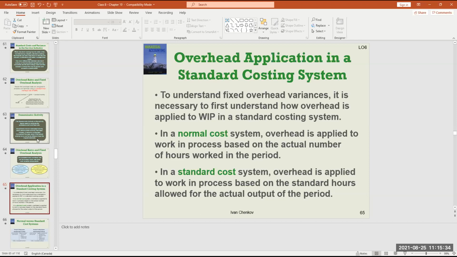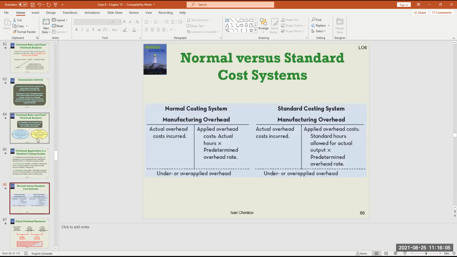The standard cost system uses a different approach. In the standard cost system, overhead is applied to the working process based on the standard hours allowed for the actual output of the period. So you see there's a slight difference here. One is based on the actual hours, the other is based on the standard hours allowed to produce the actual output, or actual products, for the period.